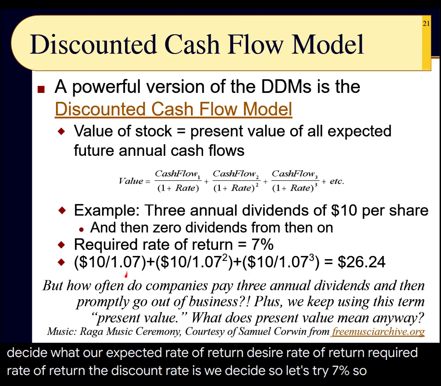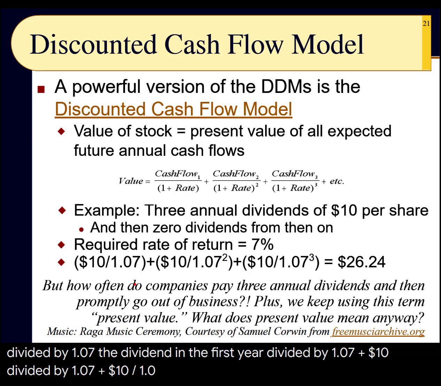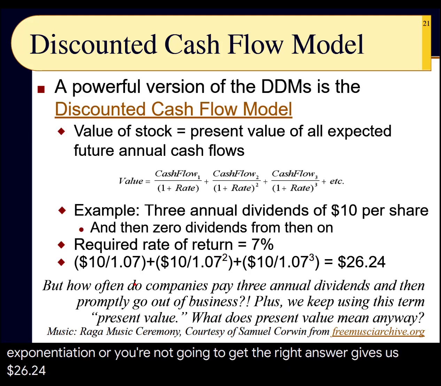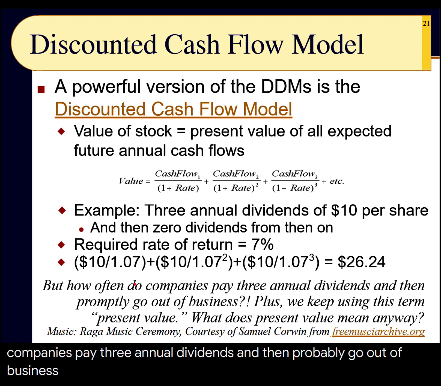So $10 divided by 1.07, the dividend in the first year, plus $10 divided by 1.07 squared, plus $10 divided by 1.07 to the third power, and you have to do the exponentiation first before you do the division, or you're not going to get the right answer, gives us $26.24. You don't have to do the calculations. But how often do companies pay 3 annual dividends and then promptly go out of business?